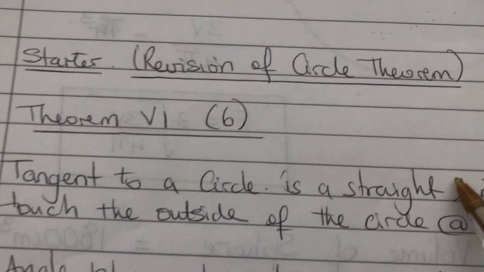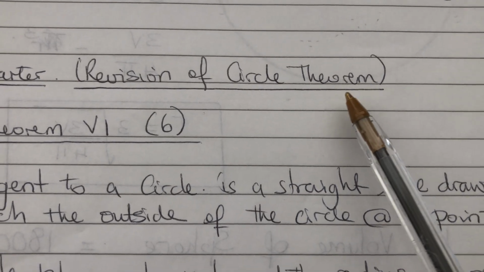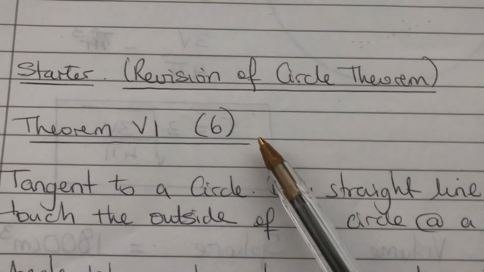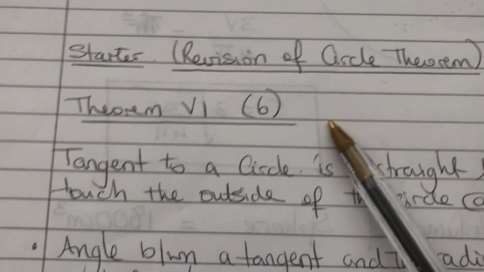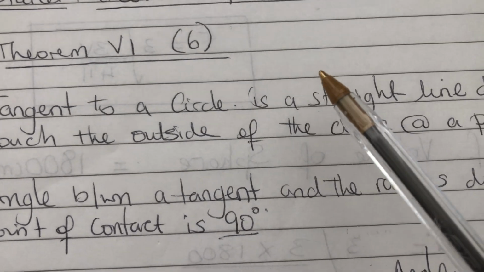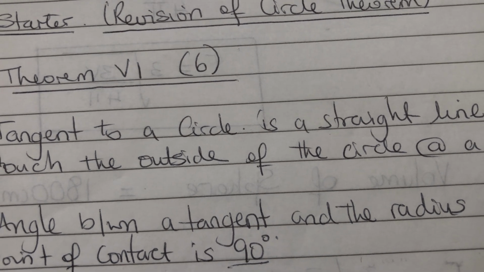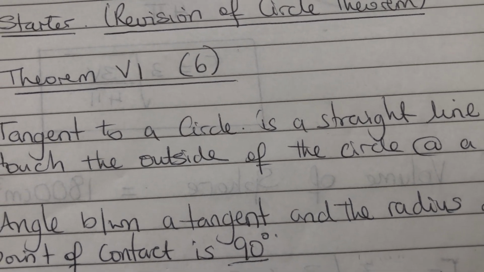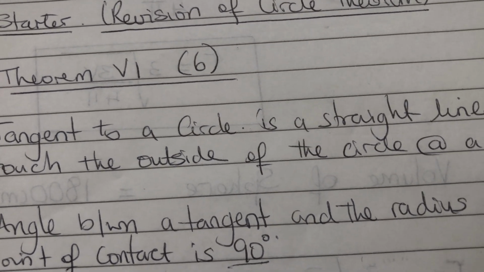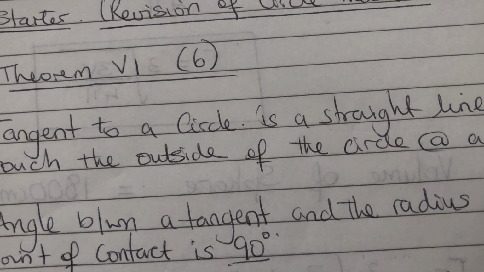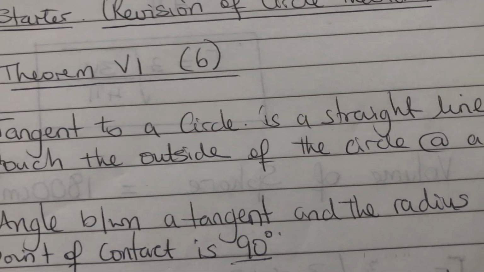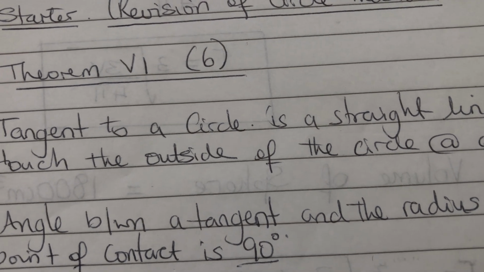Now our revision today, our circle theorem, the sixth one. I told you that normally these questions don't come, and even if they come, you can easily say it in your own words and they'll give you the answer.